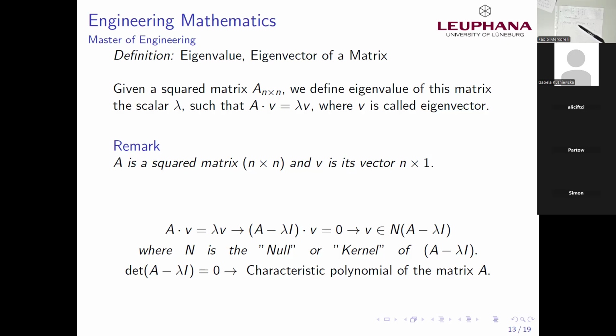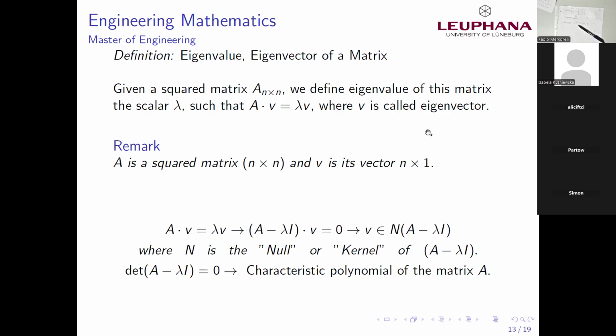Okay, let me restart, considering this definition, the definition of eigenvalue and eigenvector, or in some books you can find eigenvalues, eigenvectors. Let me start by reading the definition. I have a matrix, a square matrix, very important. This means in this context the eigenvector, the eigenvalue, or the plural eigenvectors, eigenvalues, are defined for a square matrix.